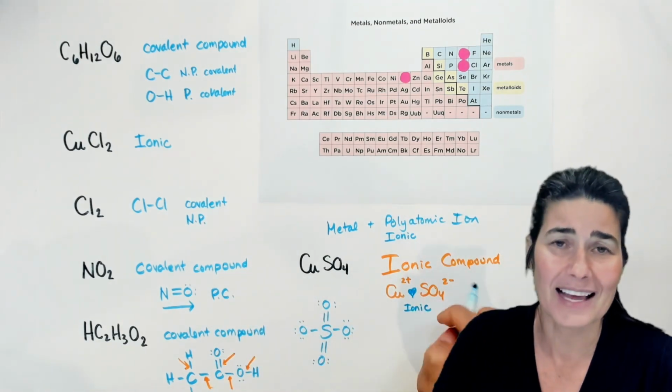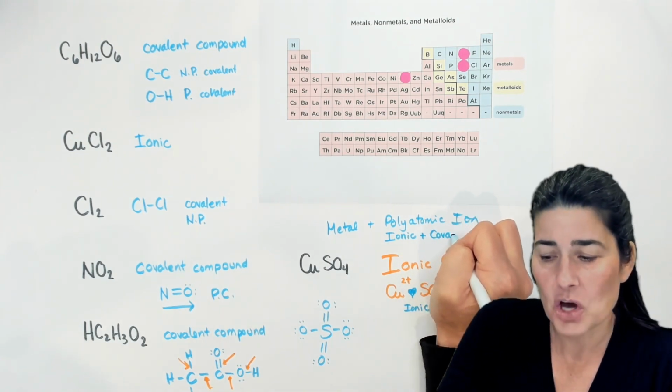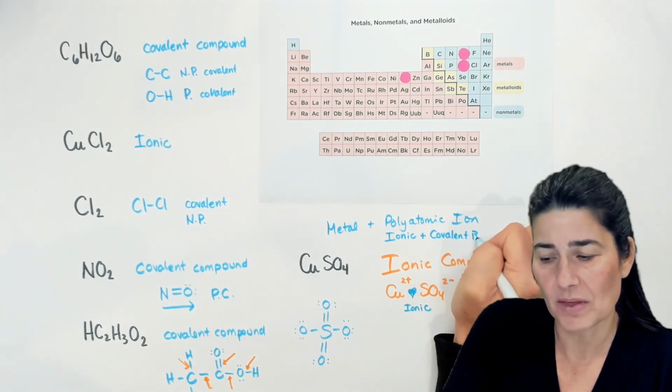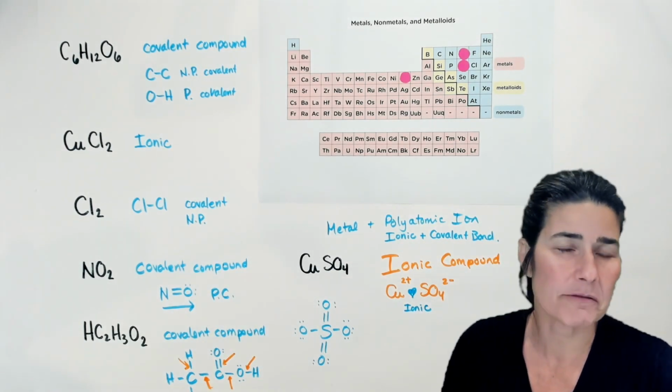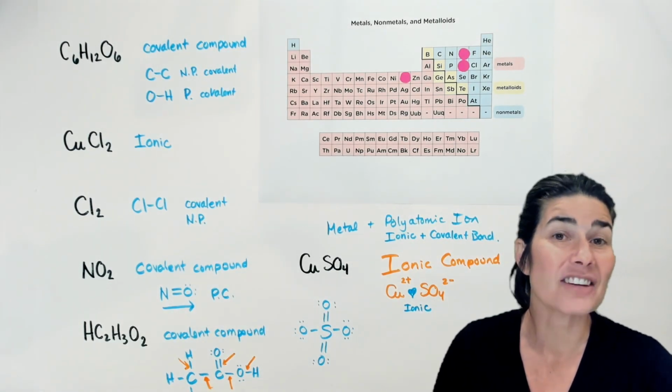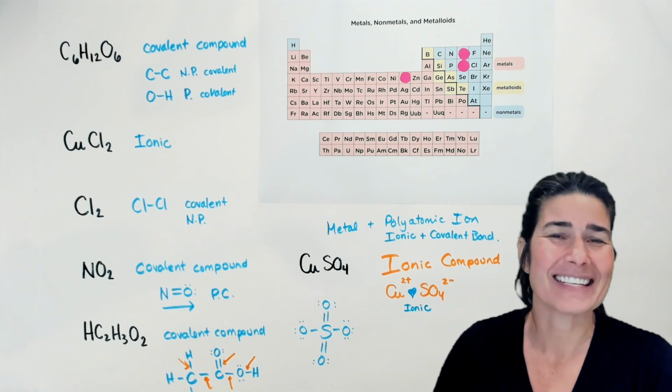But within that ionic compound, there are ionic and covalent bonds within them. You have both types. So be on the lookout for metals that are attached to polyatomic ions. Okay, I hope that helps, and take care.